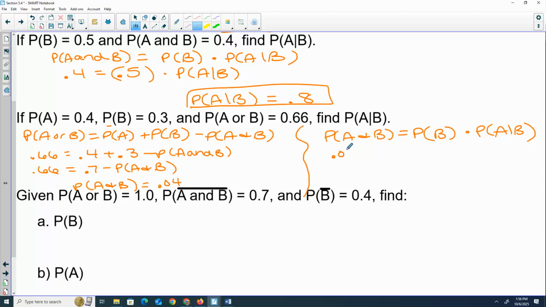Probability of A and B is 0.04. Probability of B is 0.3 times probability of A given B. So 0.04 divided by 0.3.